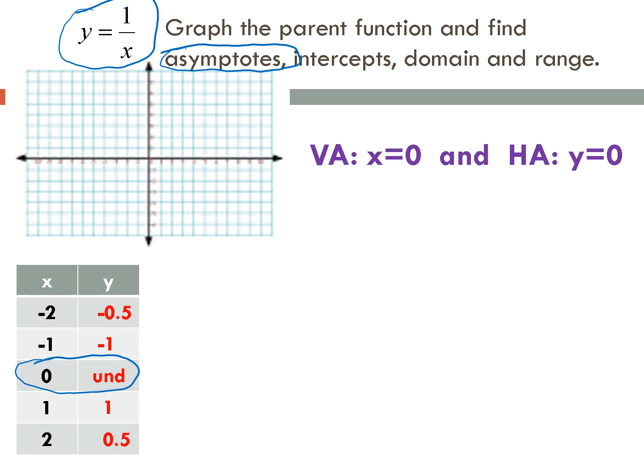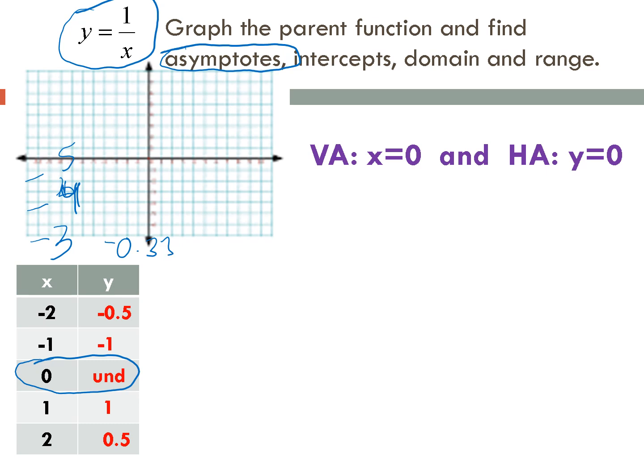Now, let's talk about the horizontal asymptote at y equals 0. And you're like, why is it y equals 0? Well, let's say I continue my graph on up here. So let's say I go negative 3, negative 4, negative 5. If I plug in negative 3, I get negative 0.33 repeating.